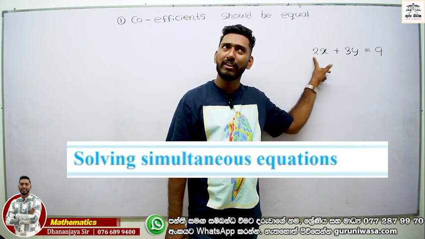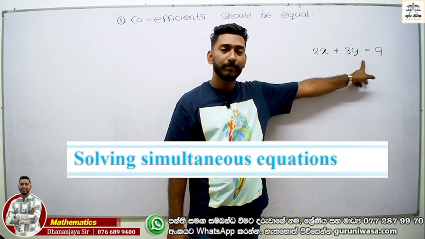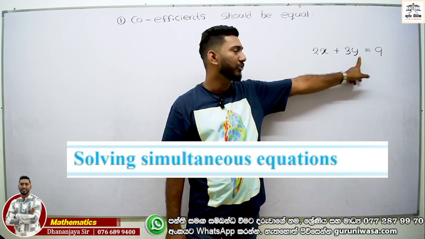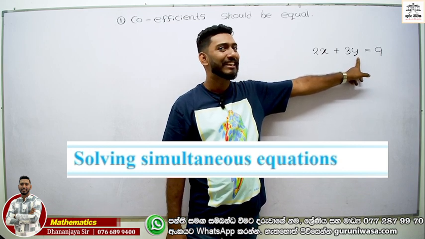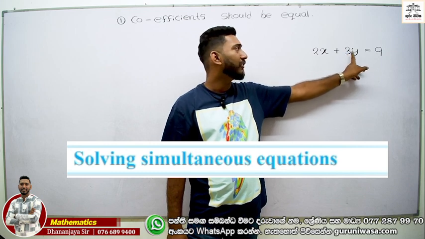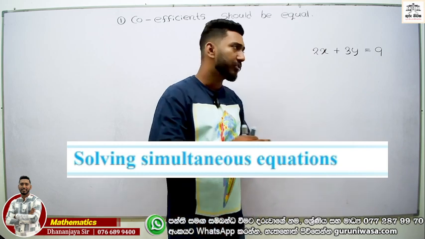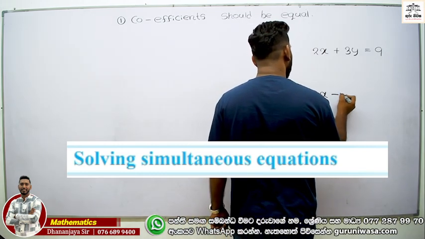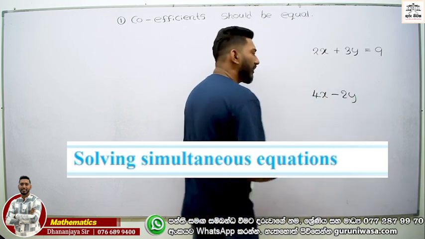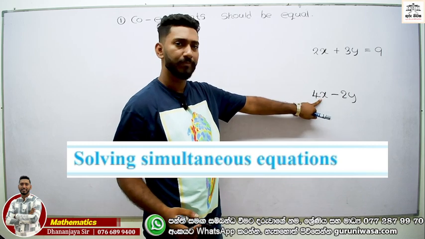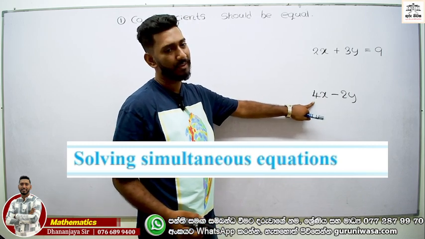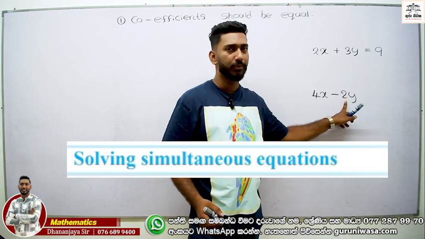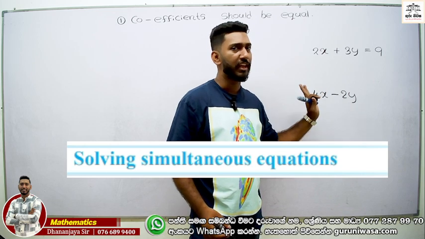Now what is the coefficient of y? 3. 3 is the coefficient of y. Now tell me, 4x minus 2y. What is the coefficient of x? It is 4. And the coefficient of y is 2. Just 2, right? Don't take the sign. Say it without thinking about the sign.